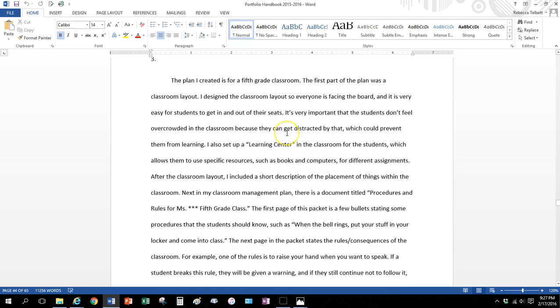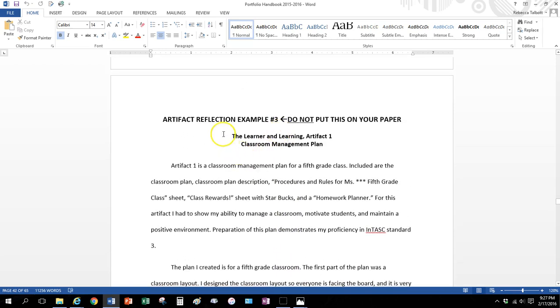What you'll notice about these is that they all begin with the same kind of heading. What goes in the heading is the title of the section or the category. In this case, it's learner and learning. That's the category that it's going in. Then the artifact number, which is the which of the 4 artifacts for this particular category. This happened to be artifact 1.